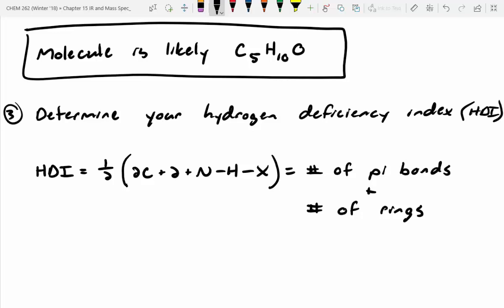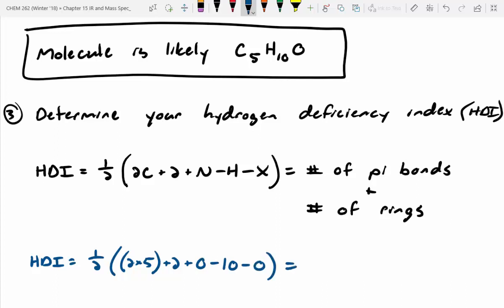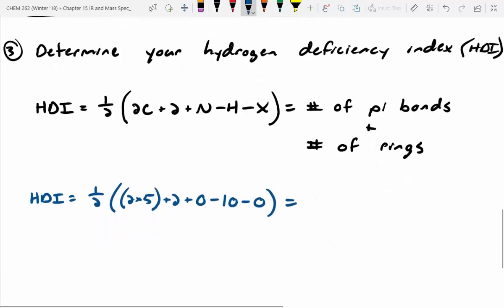All right, so let's do this with our unknown compound. We're going to say HDI for our unknown compound is going to be equal to 1/2 times 2 times the number of carbons, so 2 times 5, plus 2, plus 0 nitrogens, minus 10 hydrogens, minus 0 halogens. And what does that give us? 1.